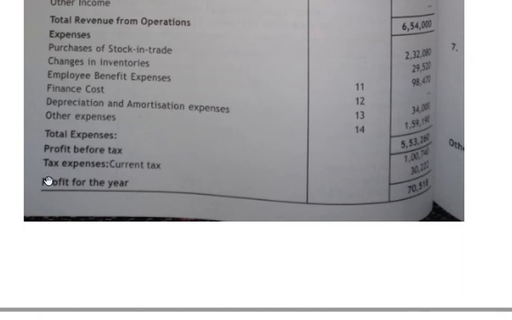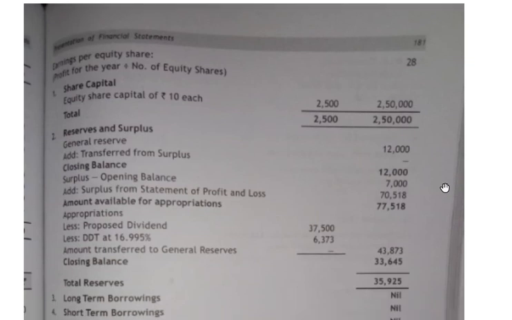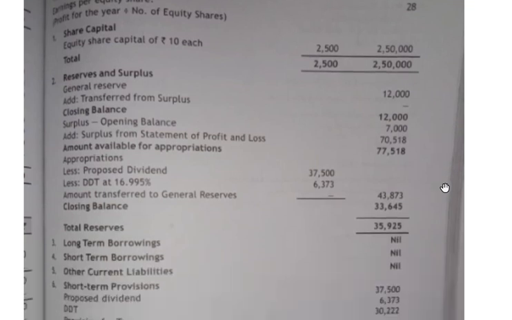So total revenue minus total expenses, profit before taxes 1,07,740, minus your tax expenses, which is your current tax 30,222. Profit for the year is 70,518. Okay. Now we'll start up with our working note for the balance sheet.